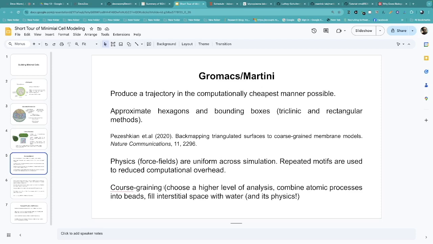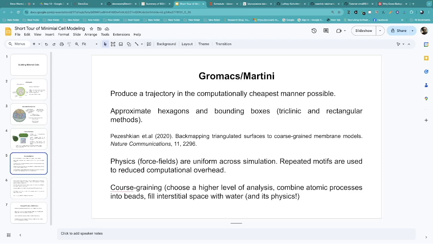And then we have this coarse graining method, where we choose a higher level of analysis. This is important when we try to abstract things to the phenotype, especially in whole organism modeling, where we ask, what do we want to model? Do we want to model every molecular interaction? Every atomistic interaction?